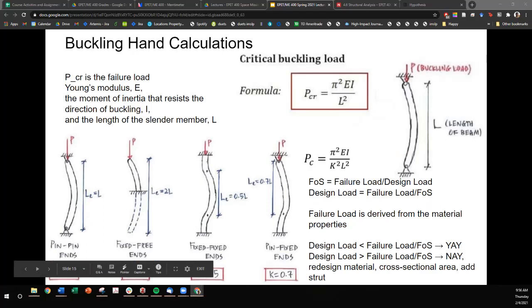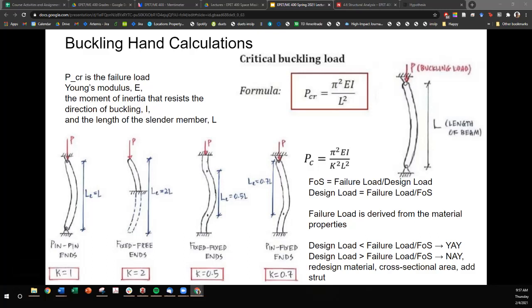For buckling, the equation for load and stress is different. So the critical load in this case is a relationship between Young's modulus, the moment of inertia of the component, and the length of the slender member. So we'll look at this over here.